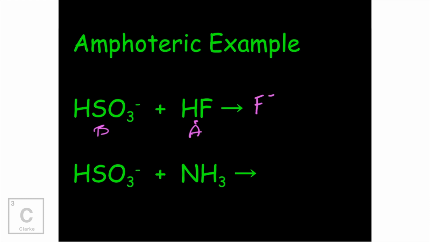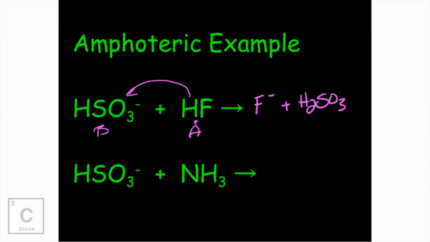I know that it's minus because I know H is a plus. And so if H is a plus, F is a minus. Okay, well this H traveled over here because remember, acids are donors, bases are acceptors. So if we rewrite that with that new proton, we're going to have H2SO3. So in this instance, bisulfite acted as a base because it accepted a proton.